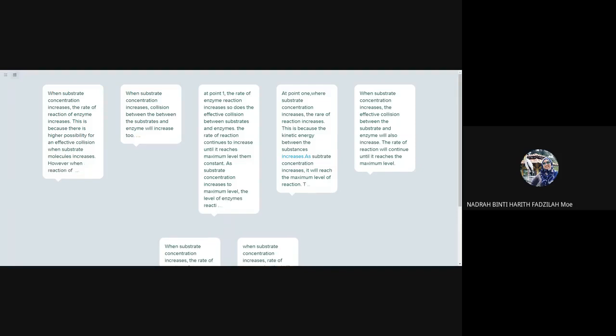Okay, that's point one. The explanation, the reason, is higher possibility of effective collision, or higher rate of effective collision. Okay, very good.